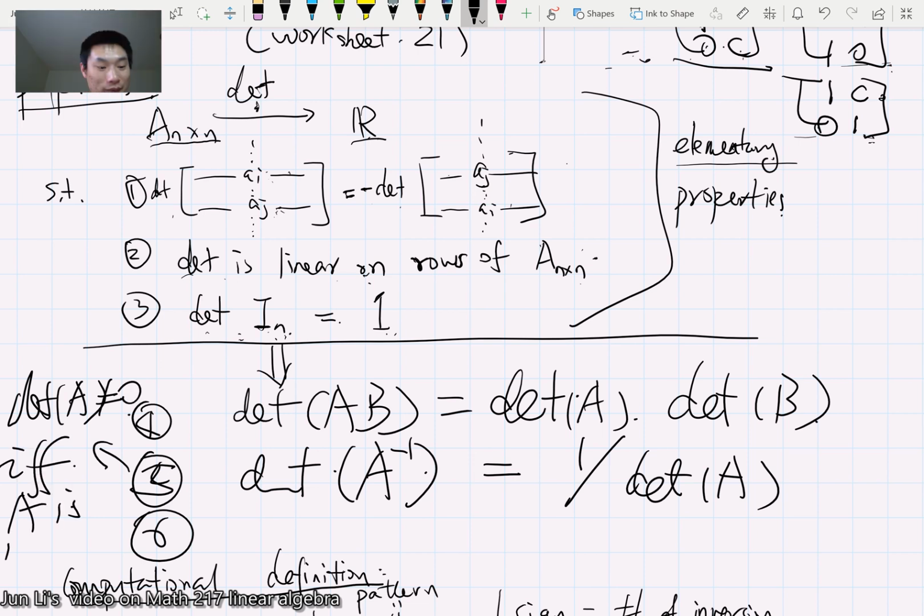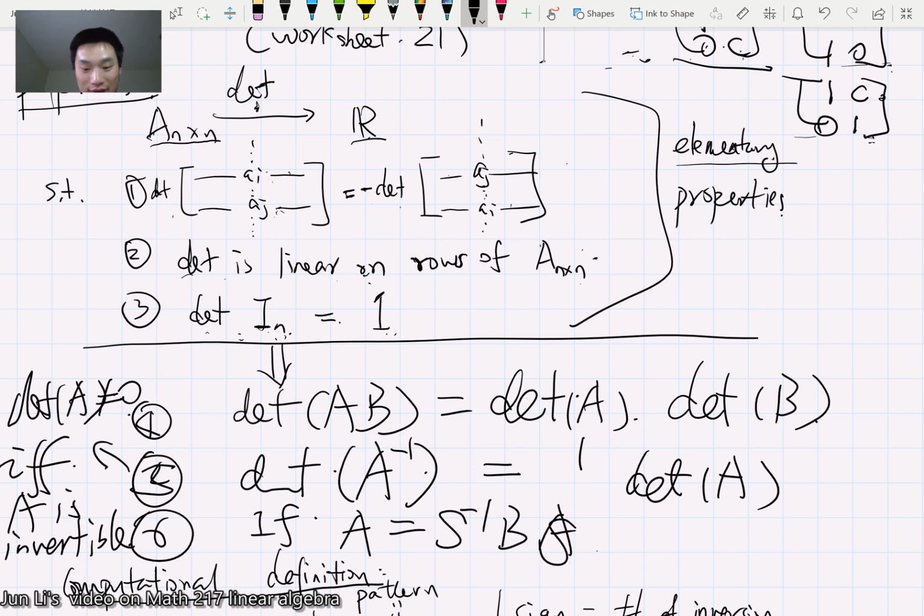The last property we want to mention is that if A is similar to B, that is, B equals S inverse AS, then the determinant of A equals the determinant of B. I will leave this as an exercise.